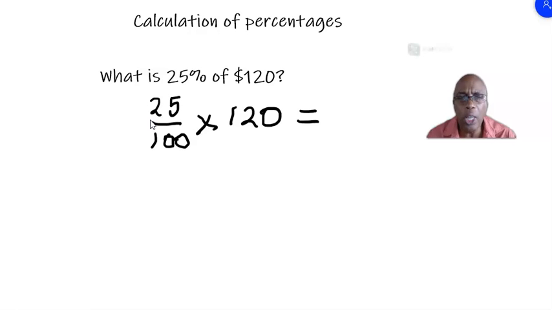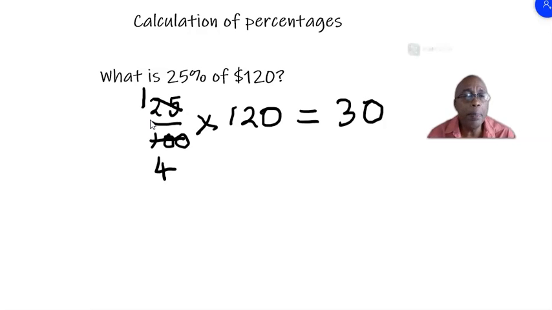Now, we can do it with fractions. For example, we know 25 going to 100 4 times. So 25 over 100 is a quarter. And a quarter of 120, we divide 120 by 4, and we are going to get 30. So that is the answer.